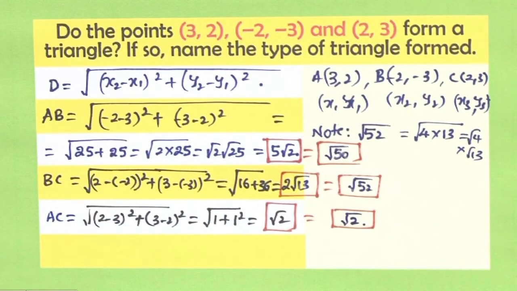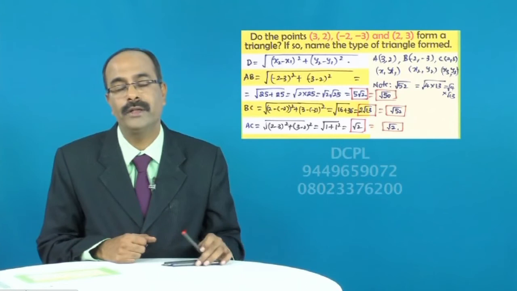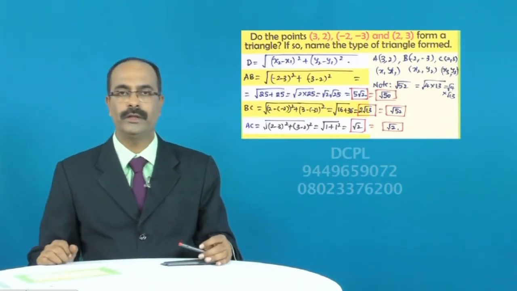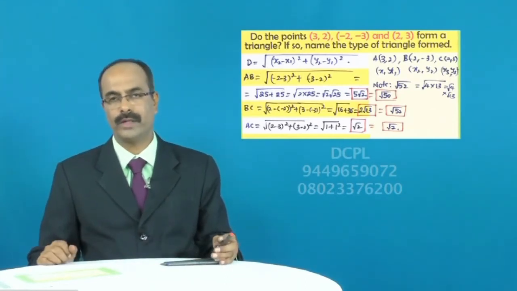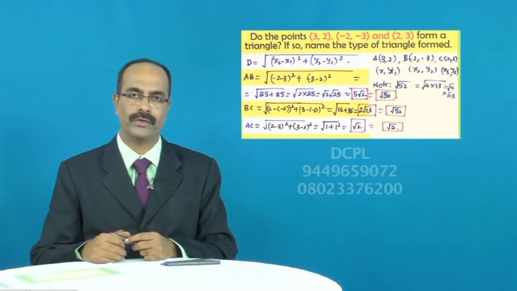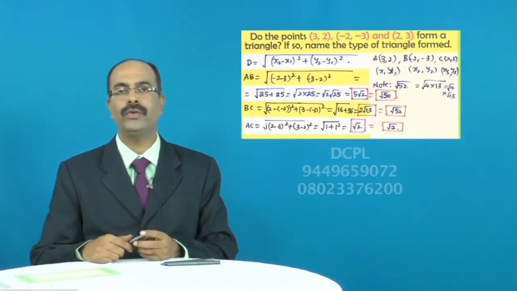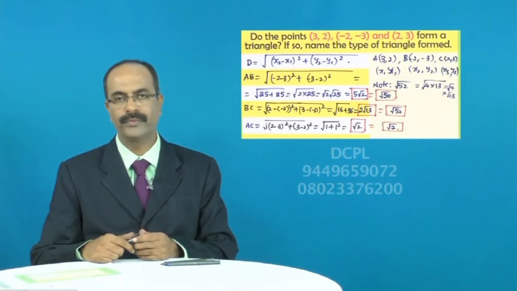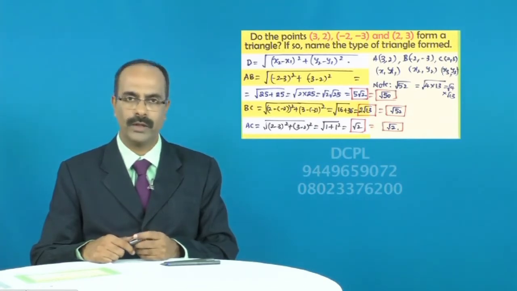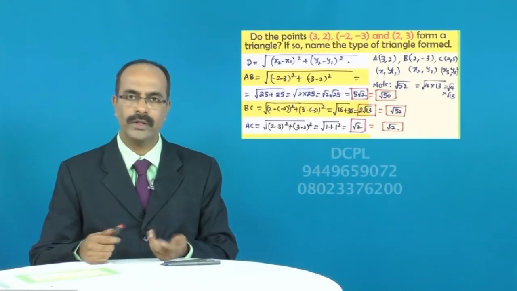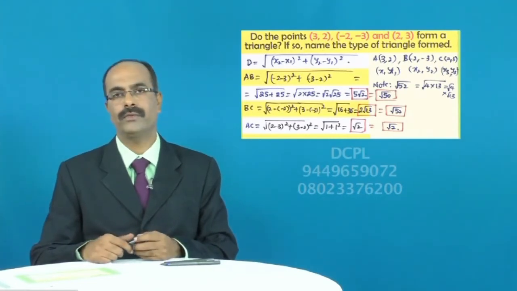Now, if you observe carefully, dear students, if we square and add AB and AC, we will get BC, isn't it? Root 50 whole square plus root 2 whole square will give us root of 52 whole square. Root 50 whole square gives us 50, root 2 whole square gives us 2. So 50 plus 2 is equal to 52.